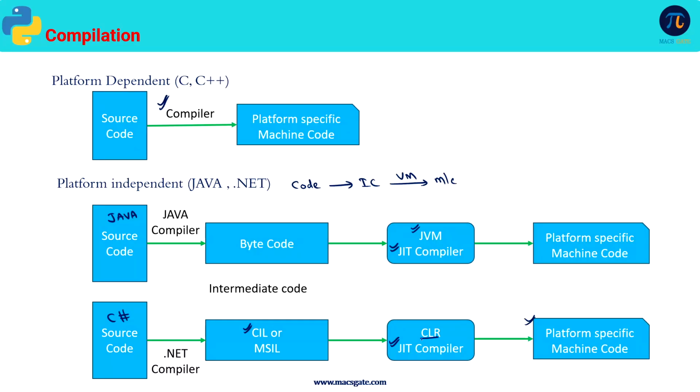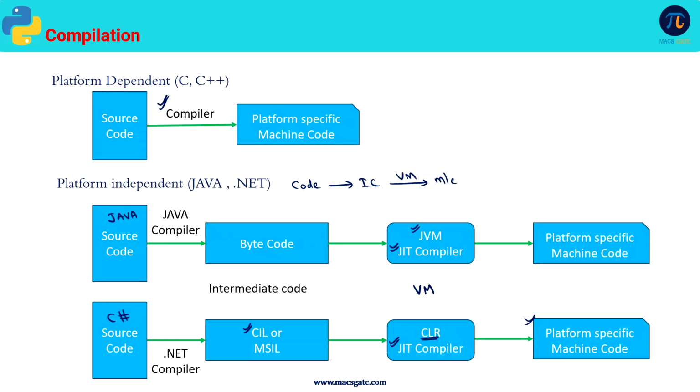Then the common language runtime executes that particular code. So here the virtual machines, that is the Java virtual machine in Java and the common language runtime in .NET, are actually responsible for loading and executing the intermediate code, managing memory, and providing other services to the programs.